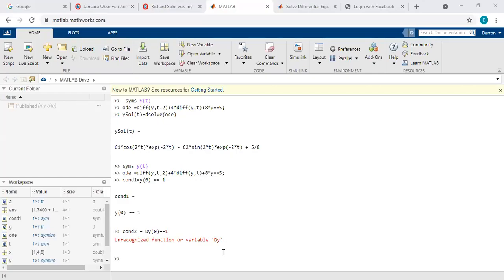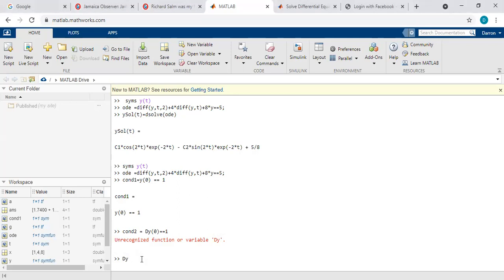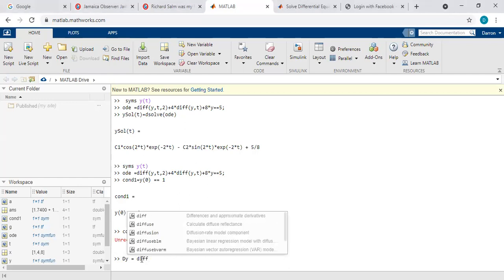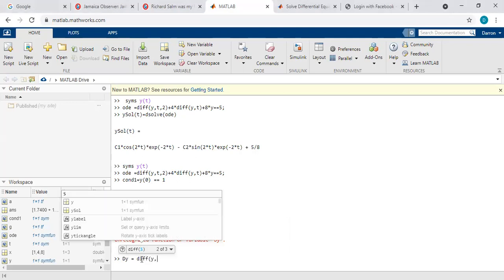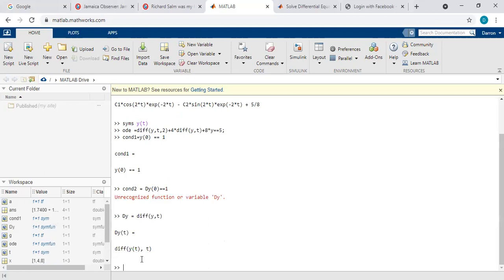So I have to tell MATLAB, Dy equal to diff, the derivative of y, t. And then now I can put the second condition in.